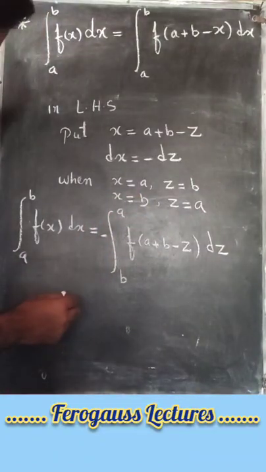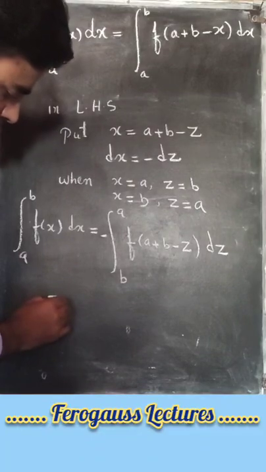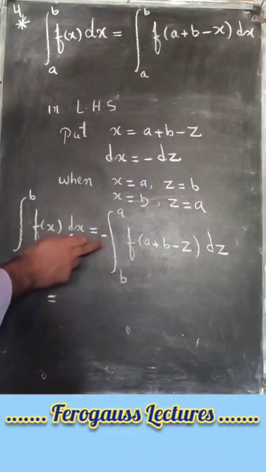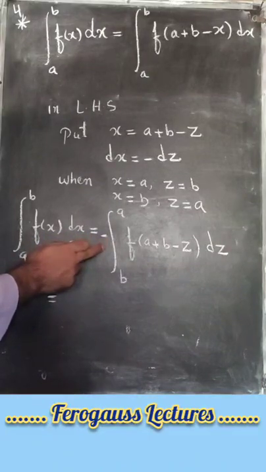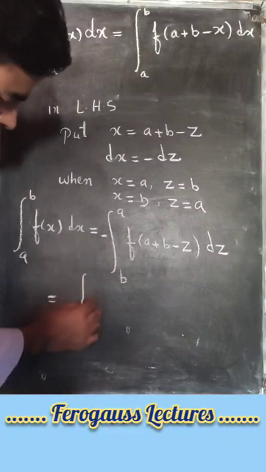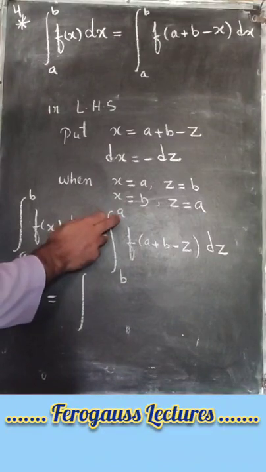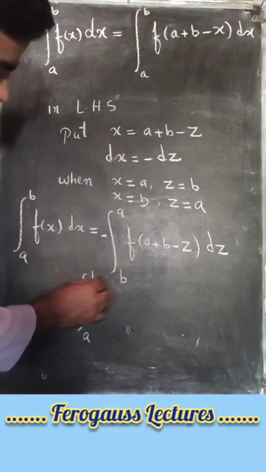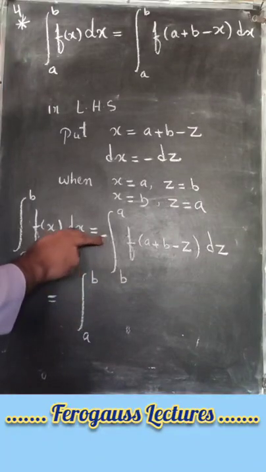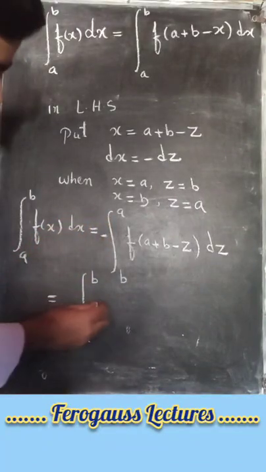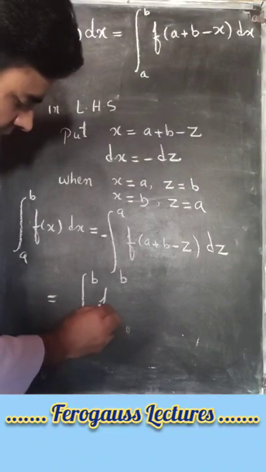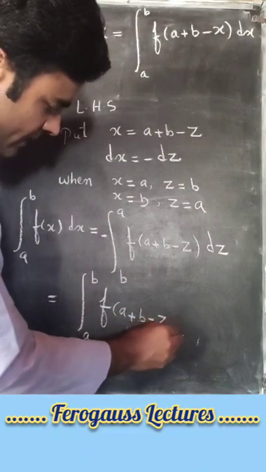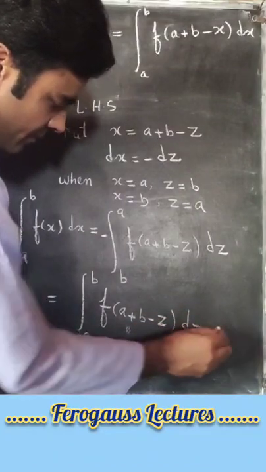Now if we interchange the limits, then the sign of the integral gets changed, so this minus sign changes into plus sign, and we have the integral from a to b of f(a + b - z) dz.